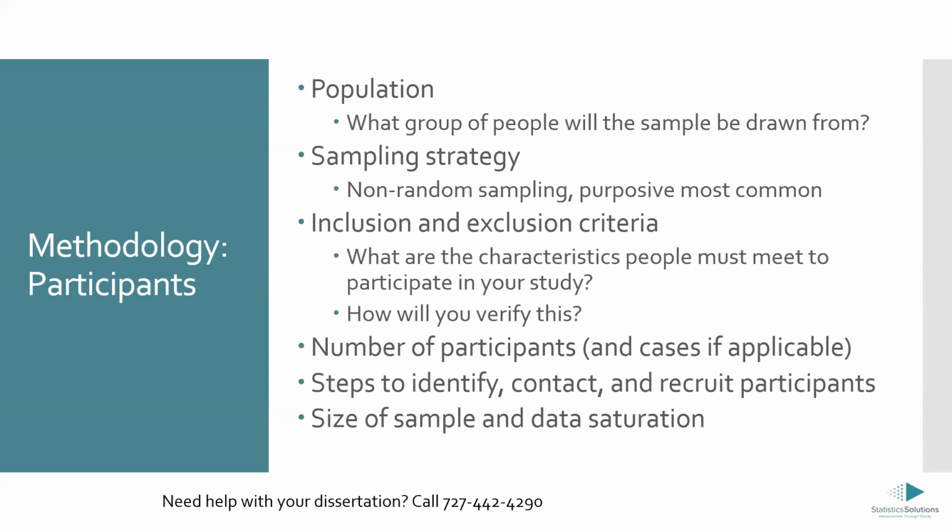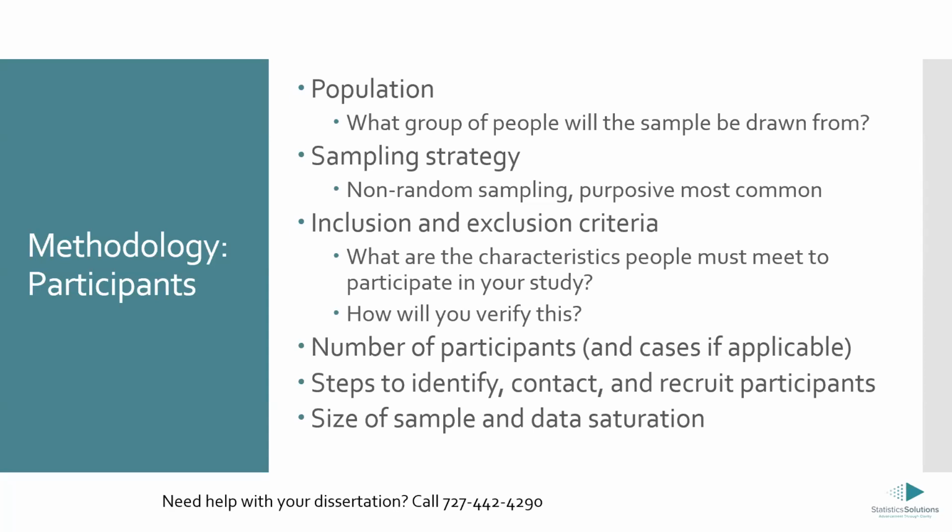Maybe it is important that they have been teaching at the school for a certain number of years. All of this has to be outlined in this section. And then you'll need to talk about how you will verify that with each participant before they actually enroll in your study. How will you verify that they meet these characteristics? You'll talk about the number of participants, and if you're conducting a case study, the number of cases.